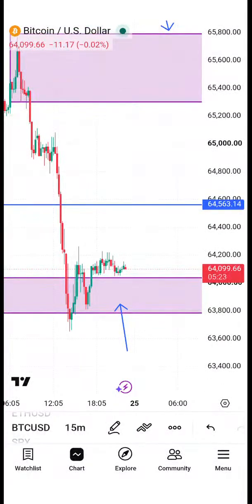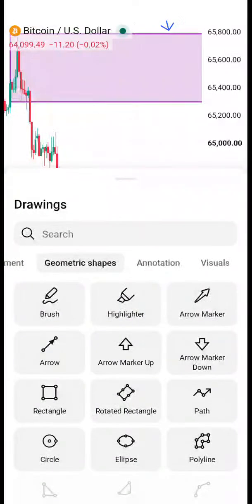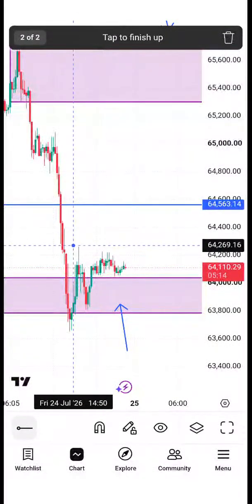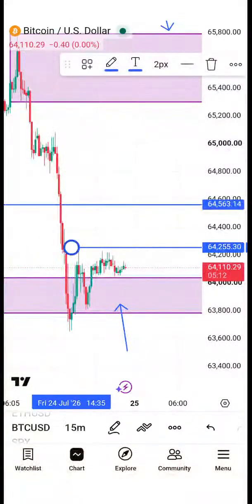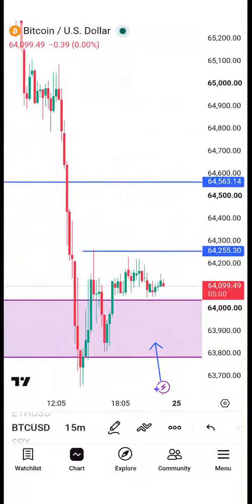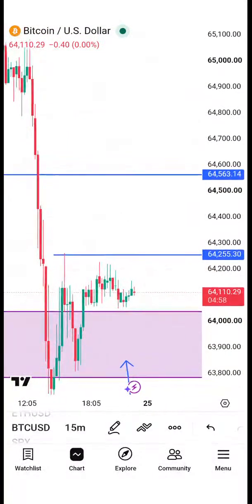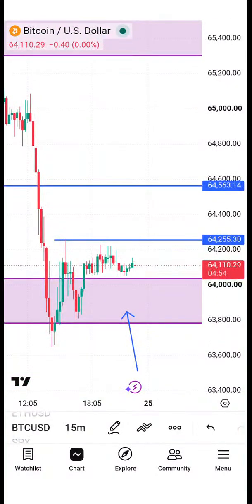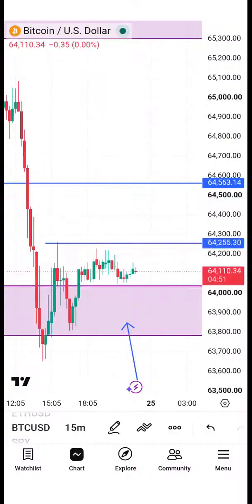So now here on Bitcoin, we have this area, we have this high that we are waiting patiently for the market to break so that we know what to do. I hope, guys, the chart is clear.